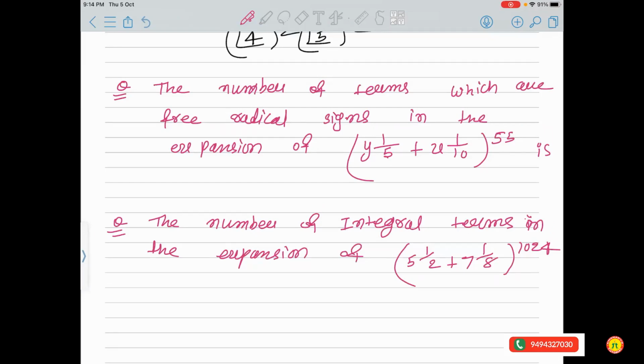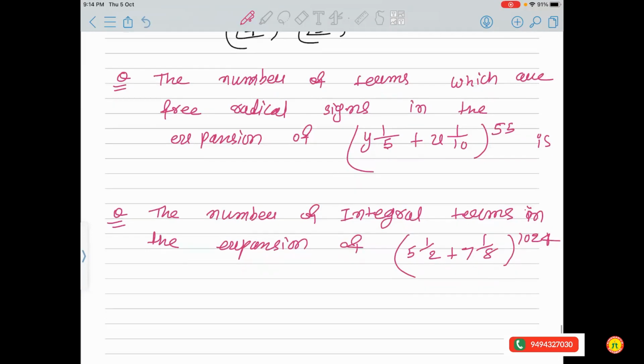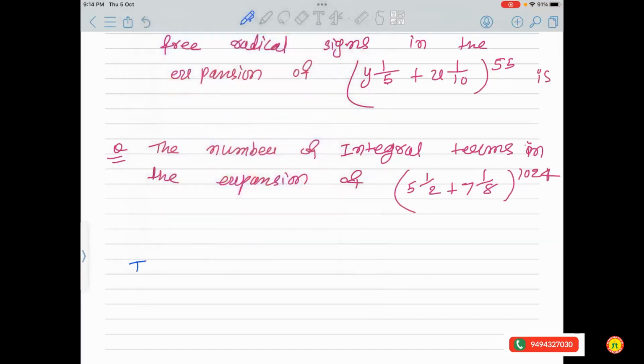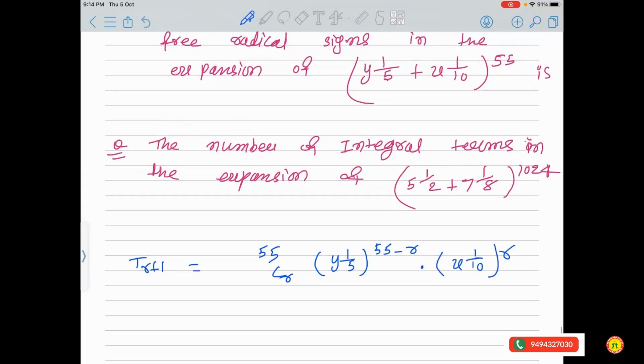Got it? So in the first question, if you write the general term, the (r+1)th term, we can write it as nCr. Here n is 55, so 55Cr, y power (1/5) to the power (55 minus r), and x power (1/10) to the power r, right?